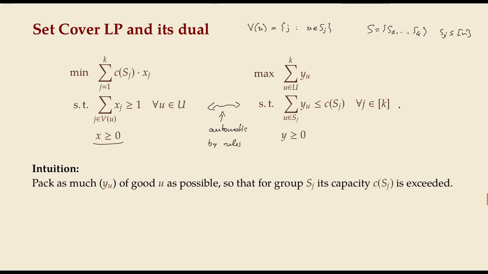But the helpful part is trying to find an intuition for this one. We know the intuition for the primal, it's a set cover problem. And now we can try to find an intuition for the dual that helps us to come up with an algorithm.